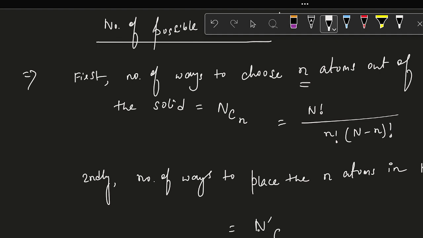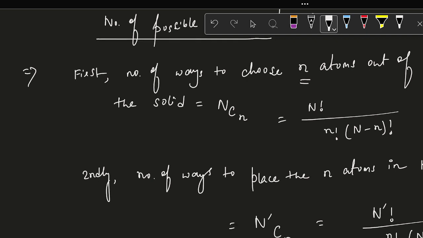Just look at that example, the system you have to choose from is placed on top of this combination, and then the small n is in the lower subscript. This is basically the simple combination aspect, nothing more than that. So this is the number of ways you can place those atoms in the available sites. This is simply N prime factorial by small n factorial, N prime minus small n factorial.